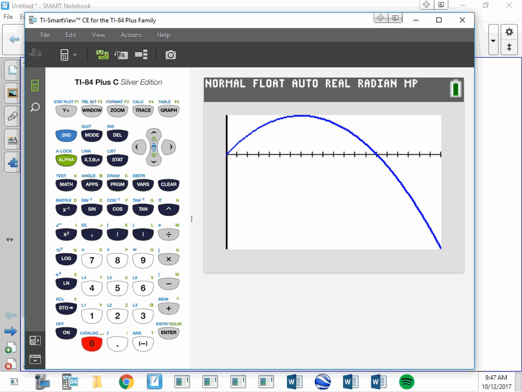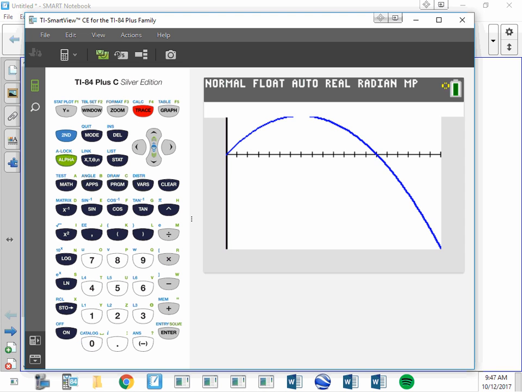What does x mean in this equation? X is the number of units sold. So we want to know how many cell phone accessories the company needs to sell in order to maximize their profit. So we need to find the vertex.